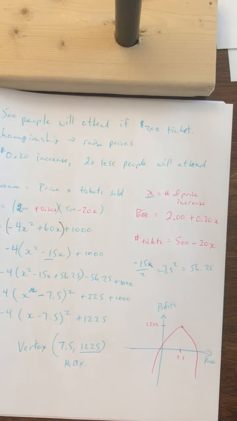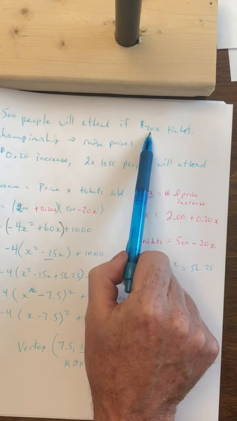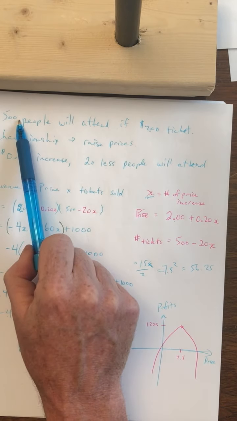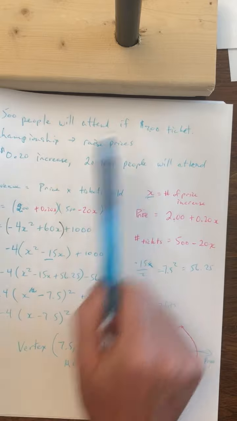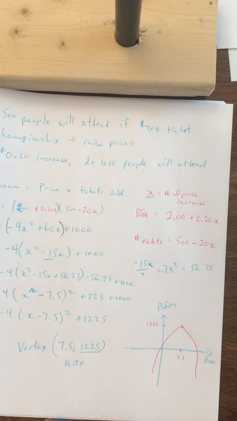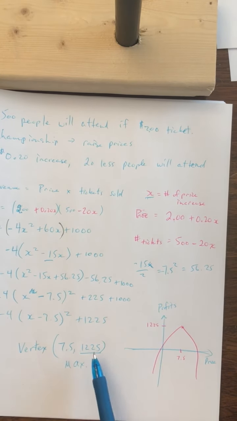Same thing with the movies. If popcorn is $2 a bag, 500 people will buy it. We know that as prices go up, fewer people will buy the popcorn. However, in this situation, if we raised popcorn 7.5 times, fewer people will buy it, but more profits would be made.